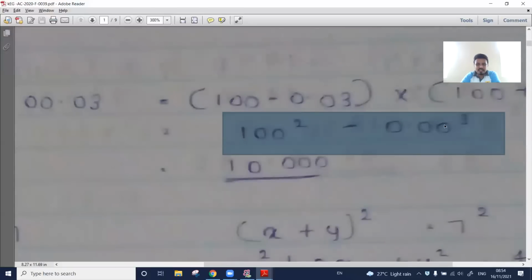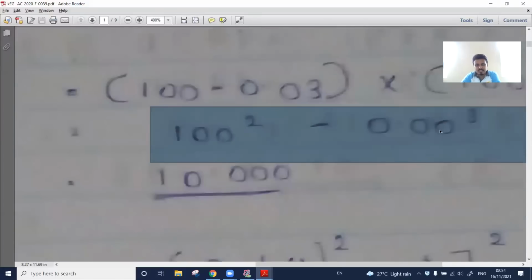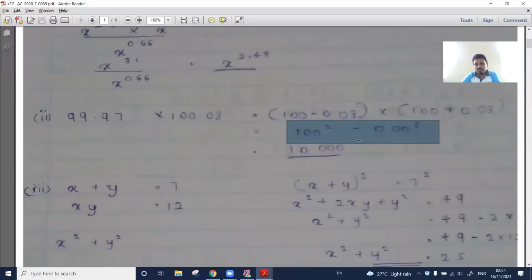Why? Here it should be 0.03, not 0.00. So this answer is wrong. The final answer should be 10,000, that is correct. But the focus here is on whether you have correctly expressed it as a difference of two squares.